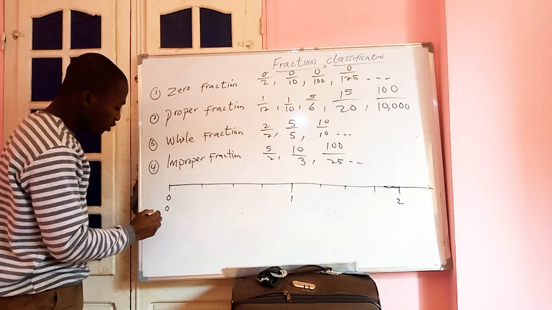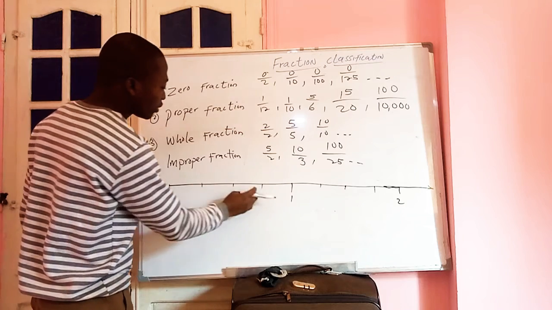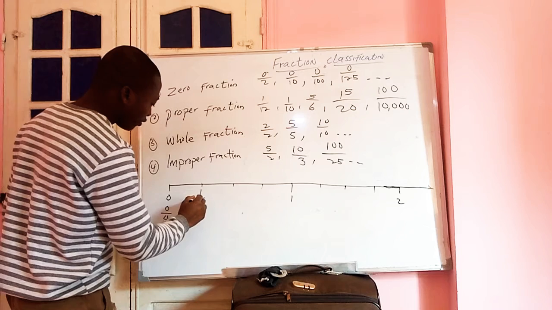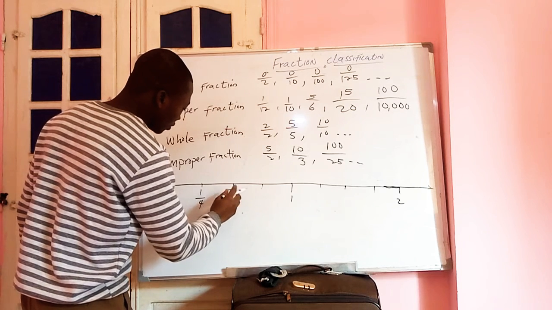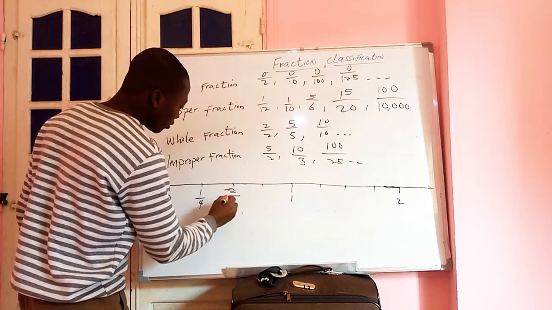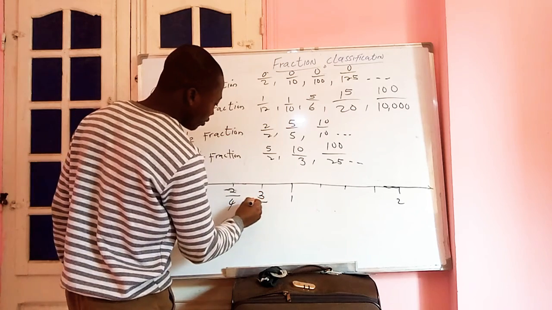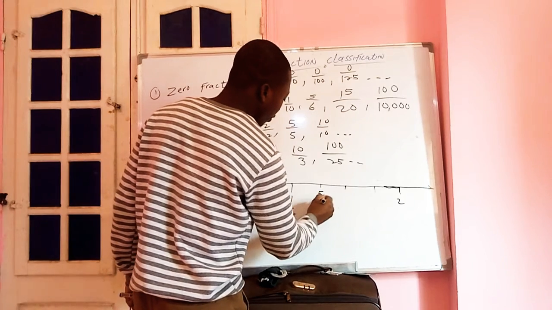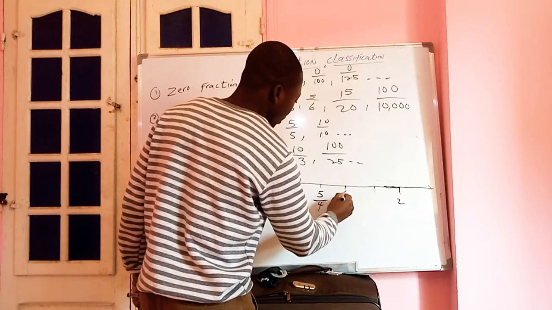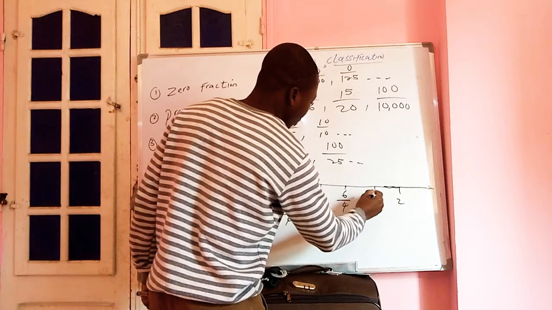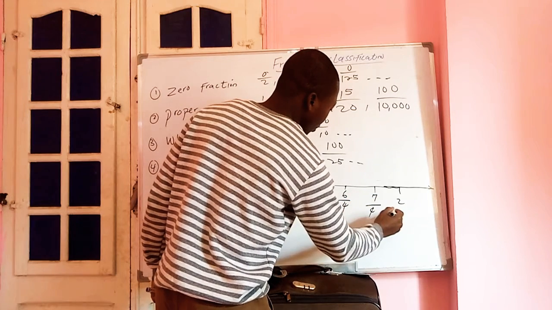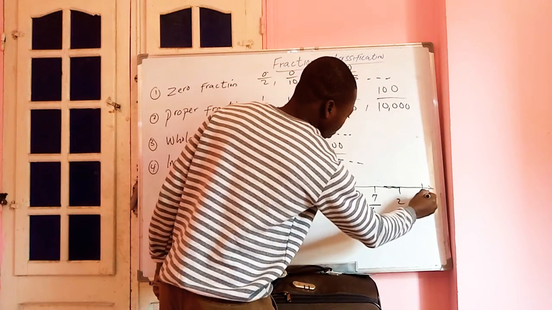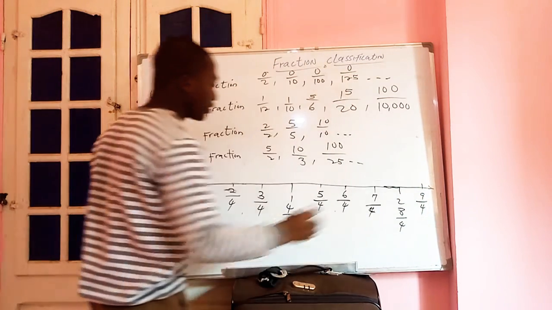That's 0 over how many parts we have, 4. 0 out of 4, 1 out of 4, 2 out of 4, 3 out of 4, 4 out of 4, 5 out of 4, 6 over 4, 7 over 4, 8 over 4, 9 over 4, like that.